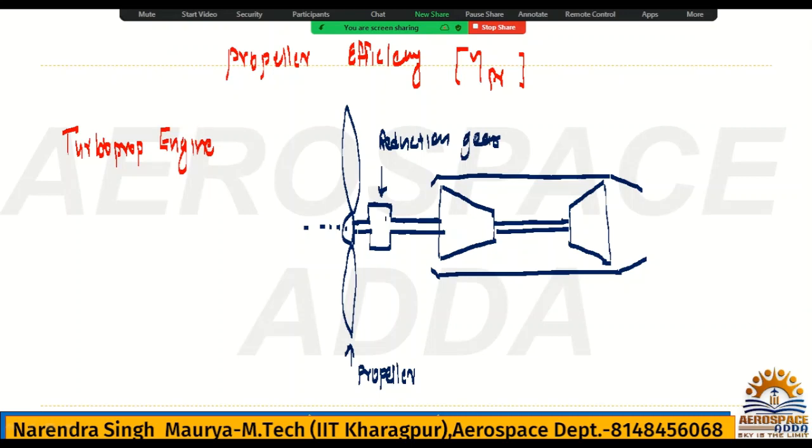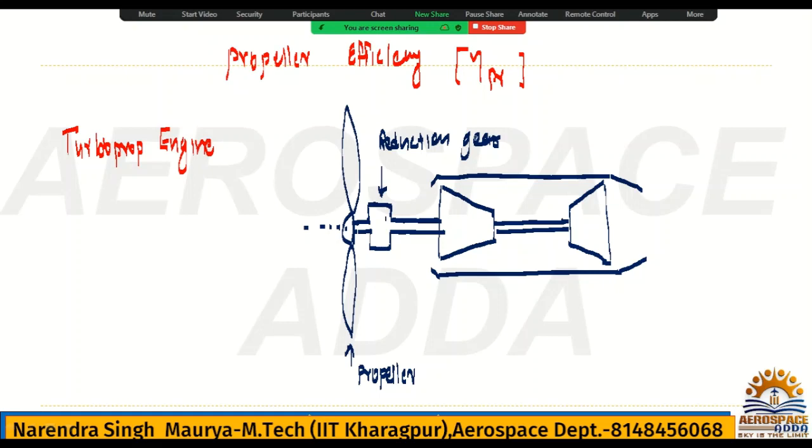It will control the speed of the propeller, because it is connected with the assembly of compressor and turbine, so the rotation may mismatch, so a reduction gear will be there. That concept is totally different.